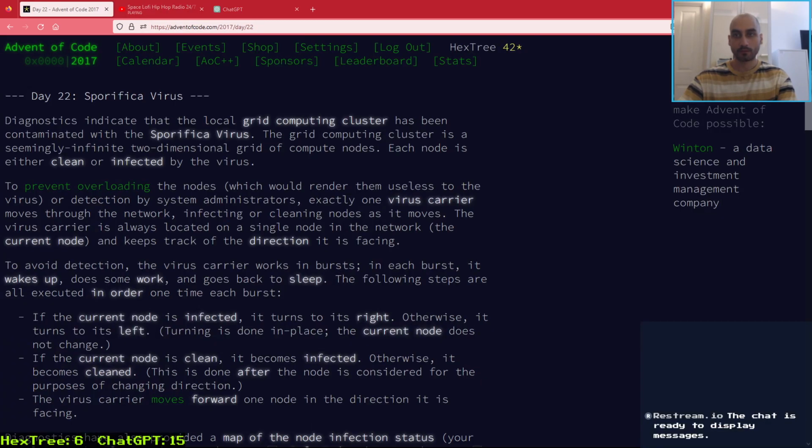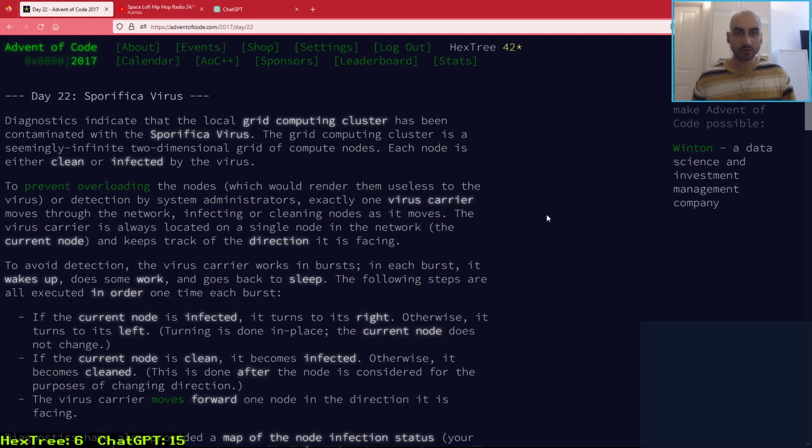So, what have we got? Diagnostics indicate that the local grid computing cluster has been contaminated with the Sporifica virus. The grid computing cluster is a seemingly infinite two-dimensional grid of compute nodes. Each node is either clean or infected by the virus. Okay.